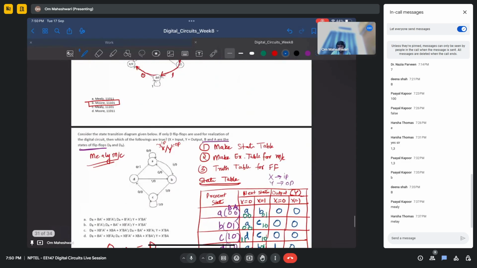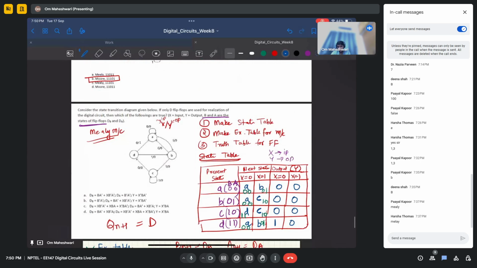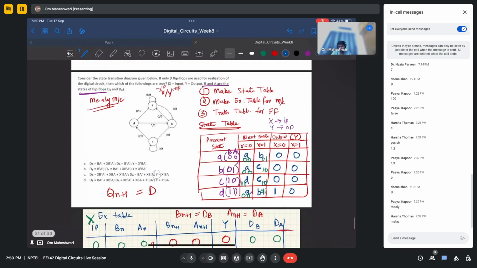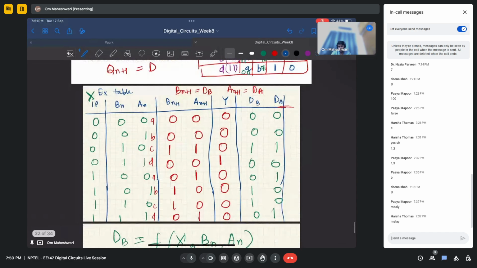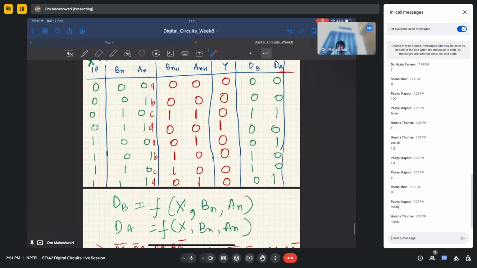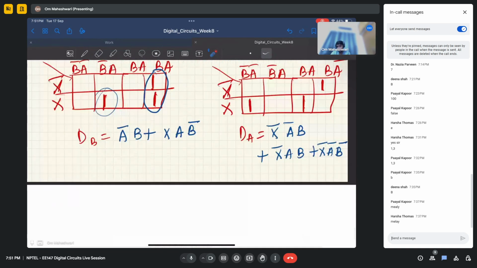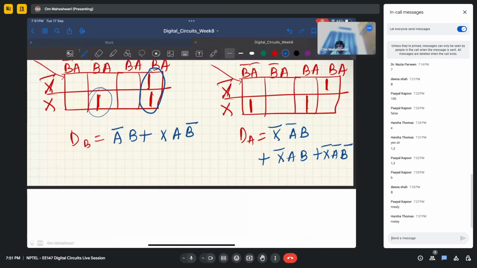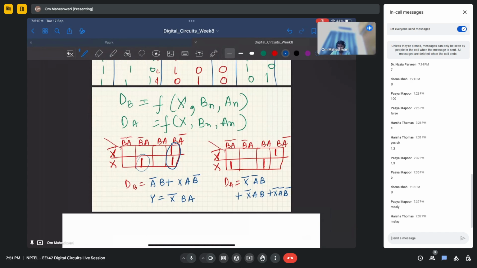And you also need to tell Y. So for Y also we can make a table. So Y is one only in one condition, 0 1 1, just X bar BA. Y equals X bar BA. So this is your required answer.